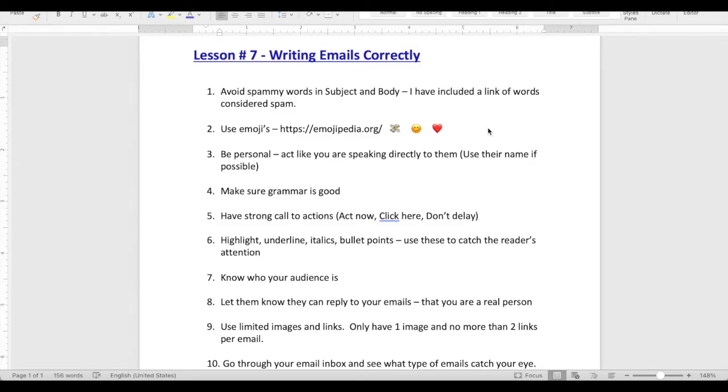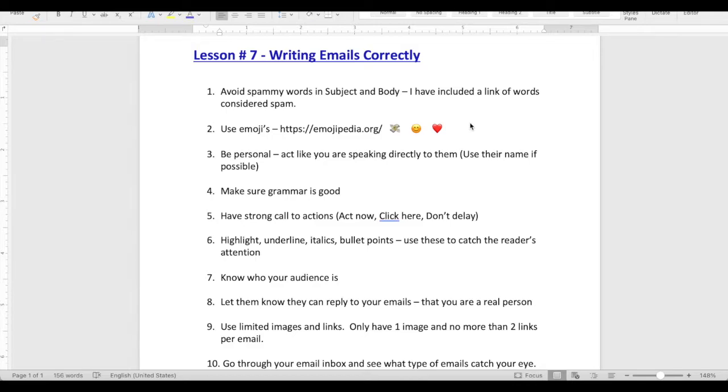The first one is to avoid spammy words in your subject and the body of your email. And I have included a link of words considered spam. Below this, there'll be a link that you can click on. So basically, in the past, people were able to put all kinds of stuff in the body of their email and in the subject, and it was fine.